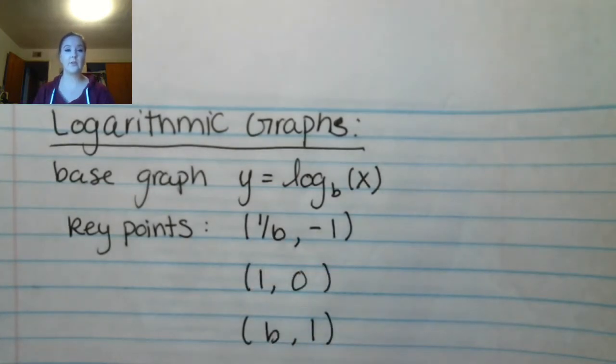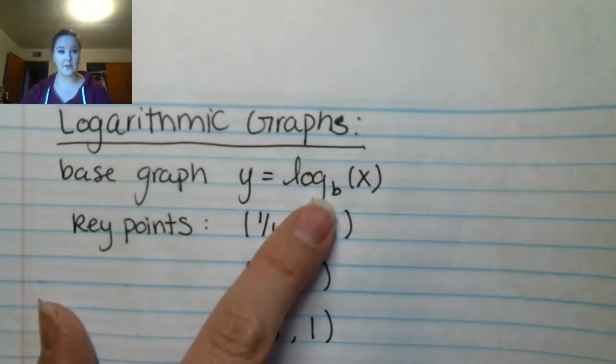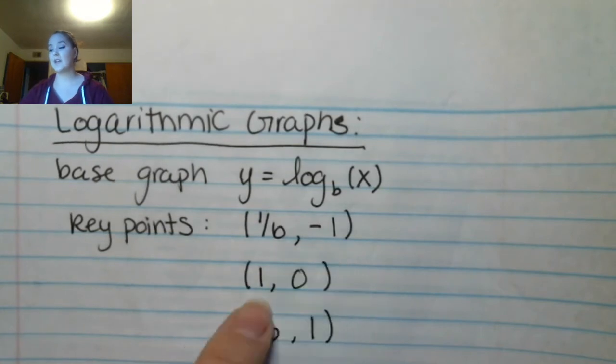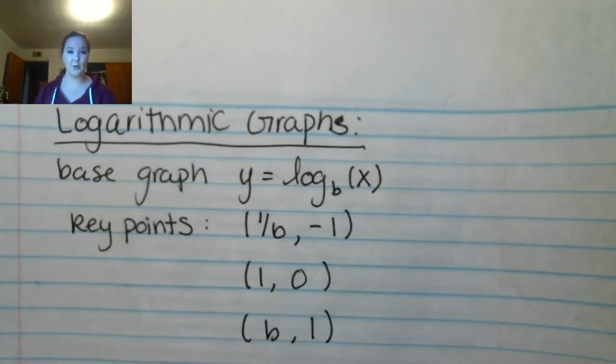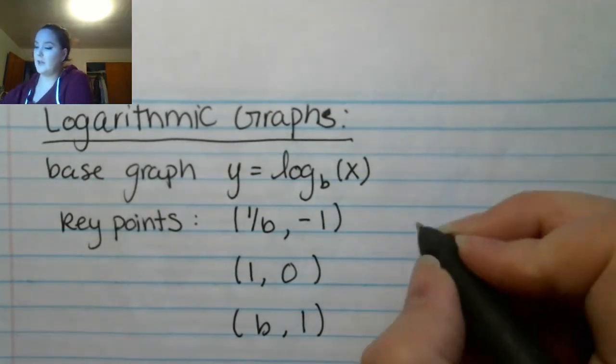And there's a reason for that. It's not a coincidence. The log is defined as the inverse, and we know that inverses switch x and y. So this is doing exactly that, same key points, just switch x and y. And there's also a key feature.